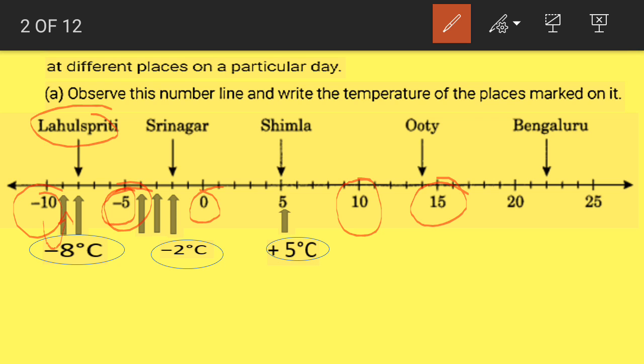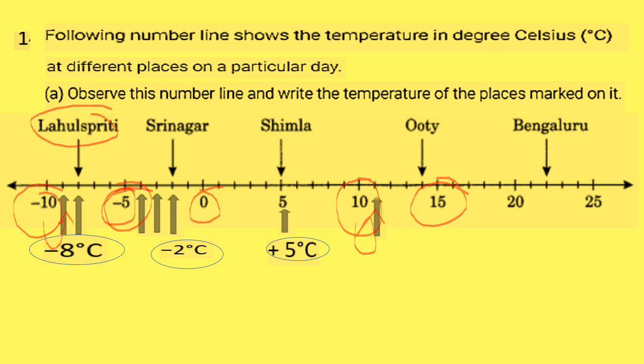So I'll move from 10 to 15. Okay, so from 10, if I go one step, I'll get 11, next 12, next 13, next 14. And here is Ooty. So the temperature of Ooty is +14 degrees Celsius.